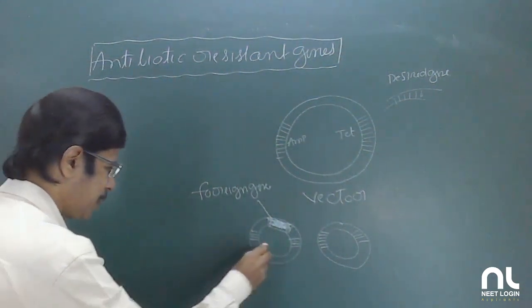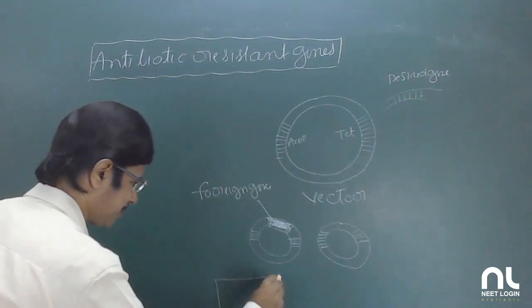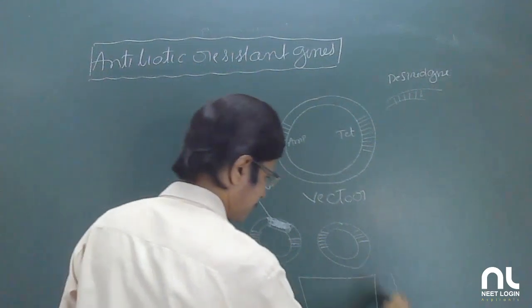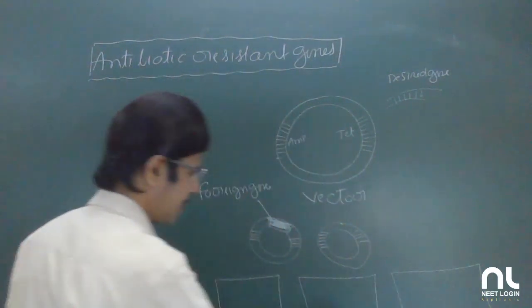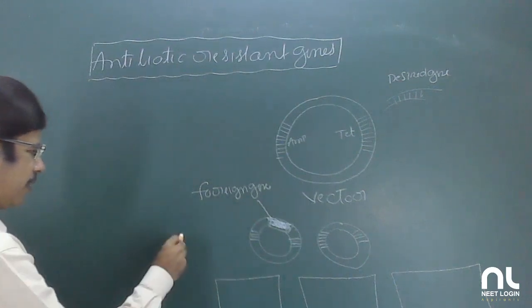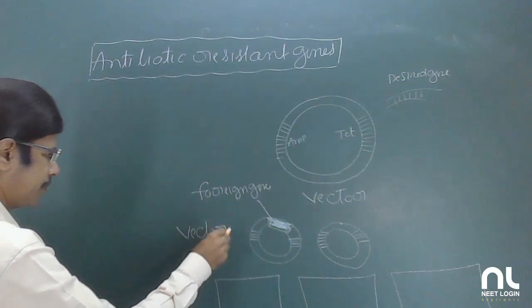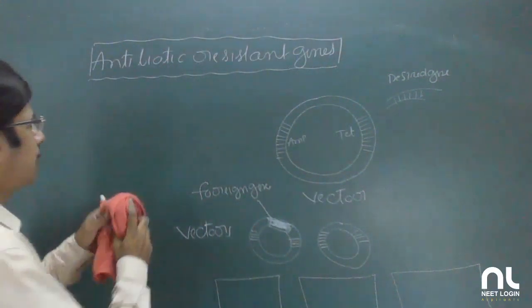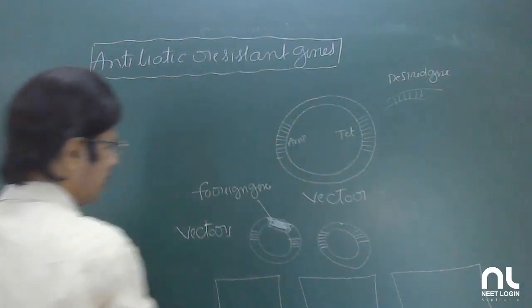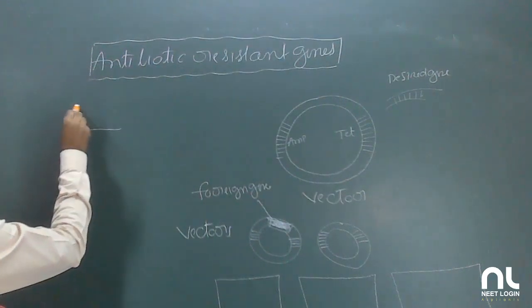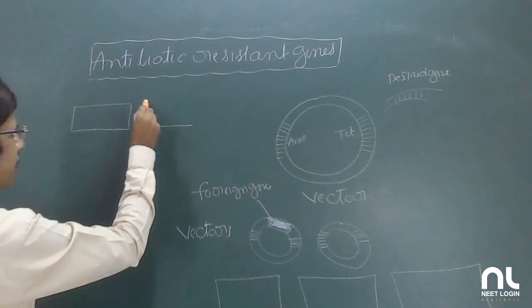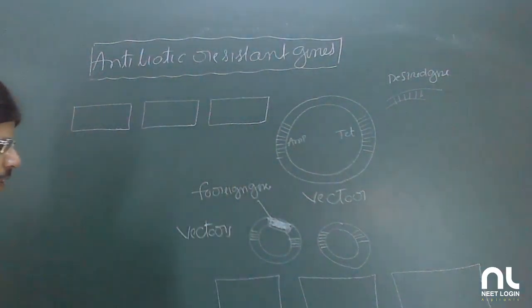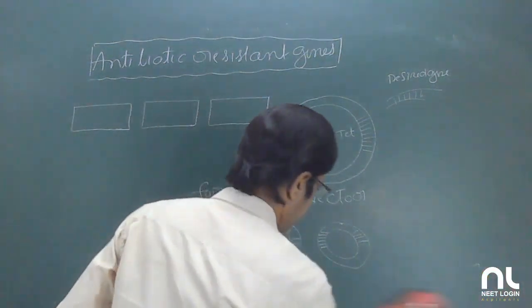Suppose it is made to transform into the host cell. Suppose these are vectors. See, three kinds of cells.